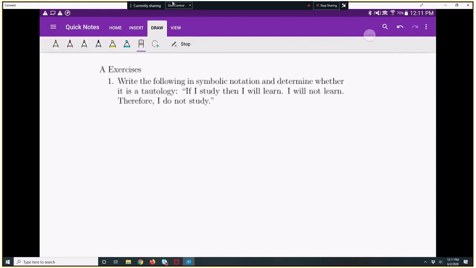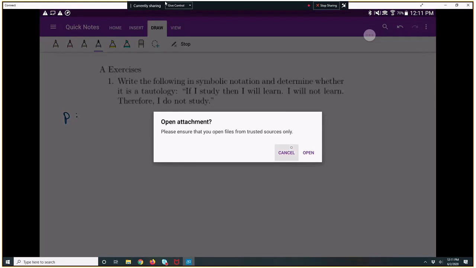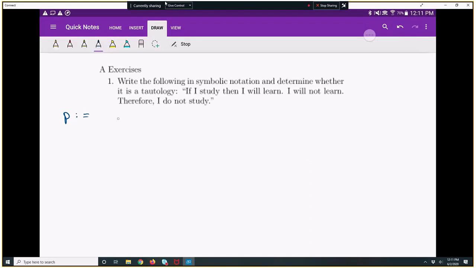Okay, so here we have an exercise that says write the following in symbolic notation and determine whether it is a tautology. If I study, then I will learn. I will not learn, therefore I do not study. So this is one compound proposition. Let's start by assigning names. So I'm going to let P be the proposition I study.